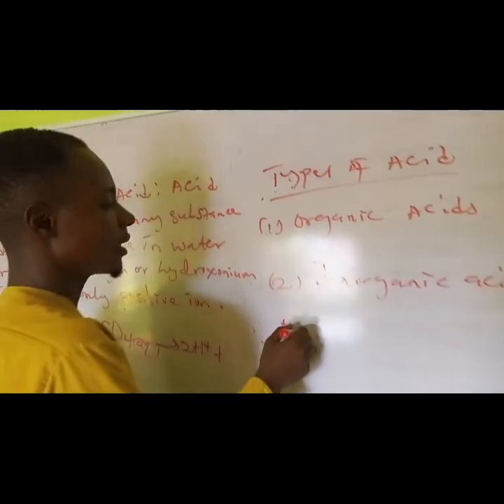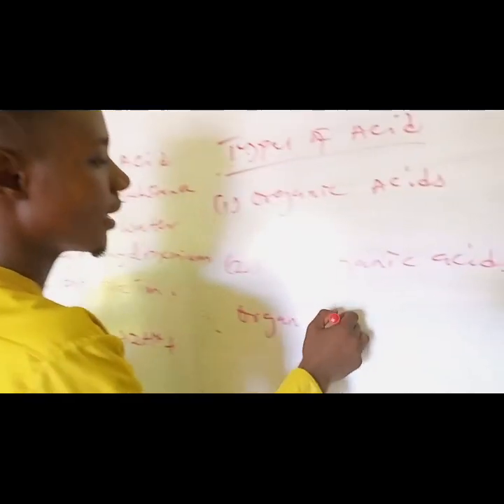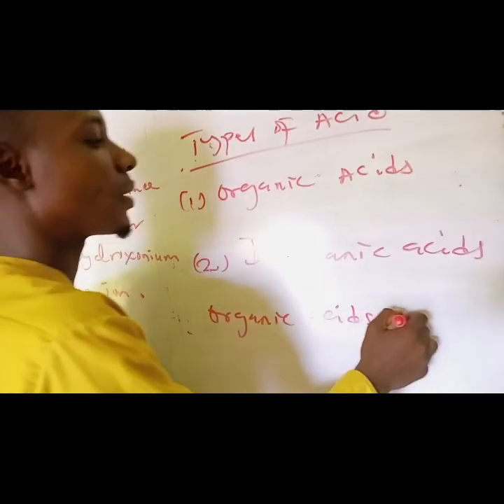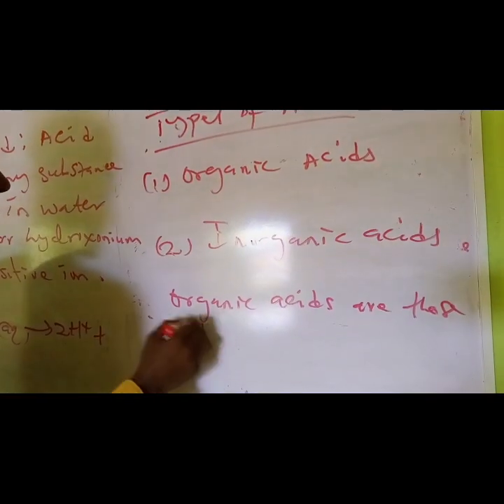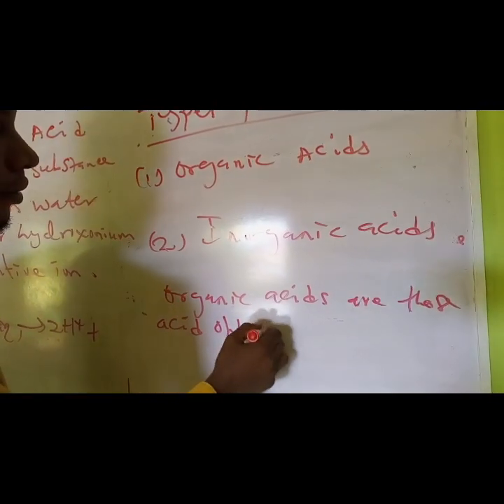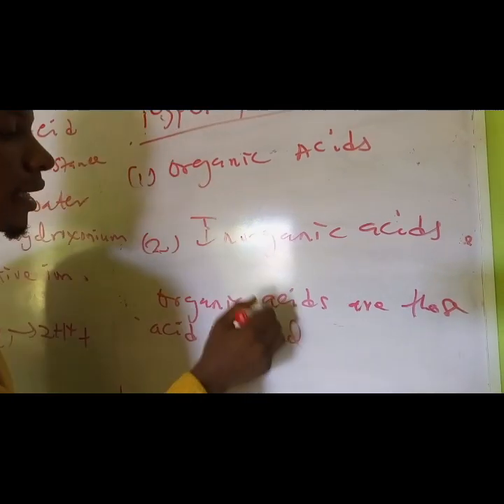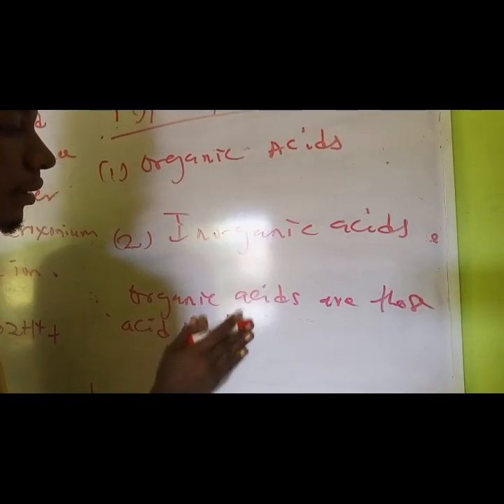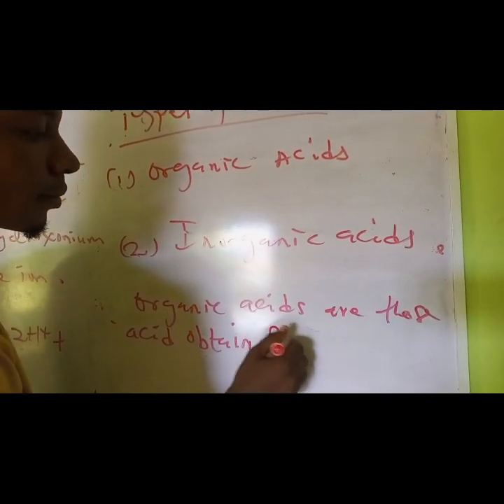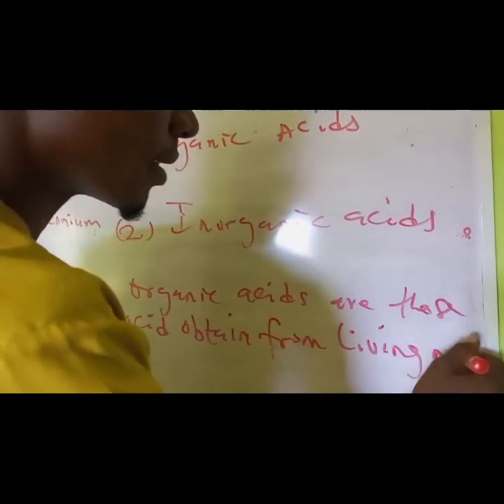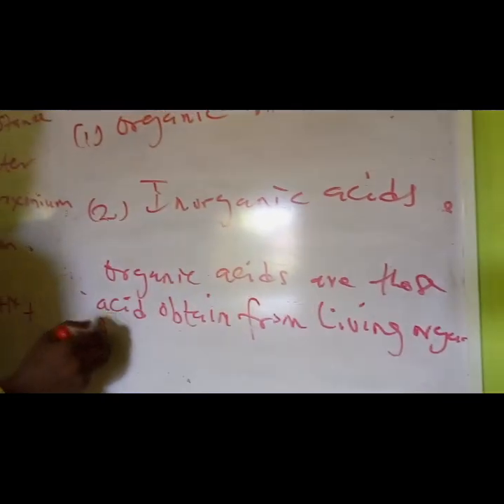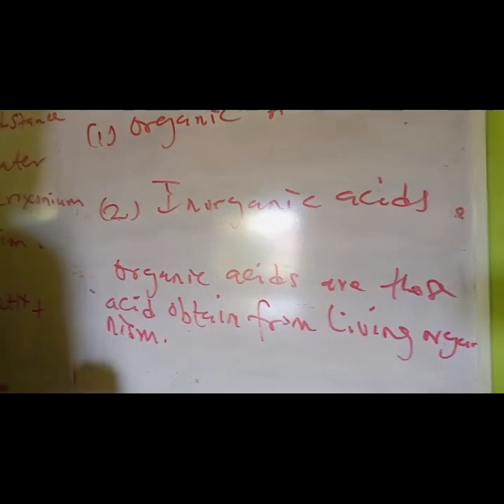Now, organic acids are those acids obtained from living organisms. Those acids that are obtained from living organisms.